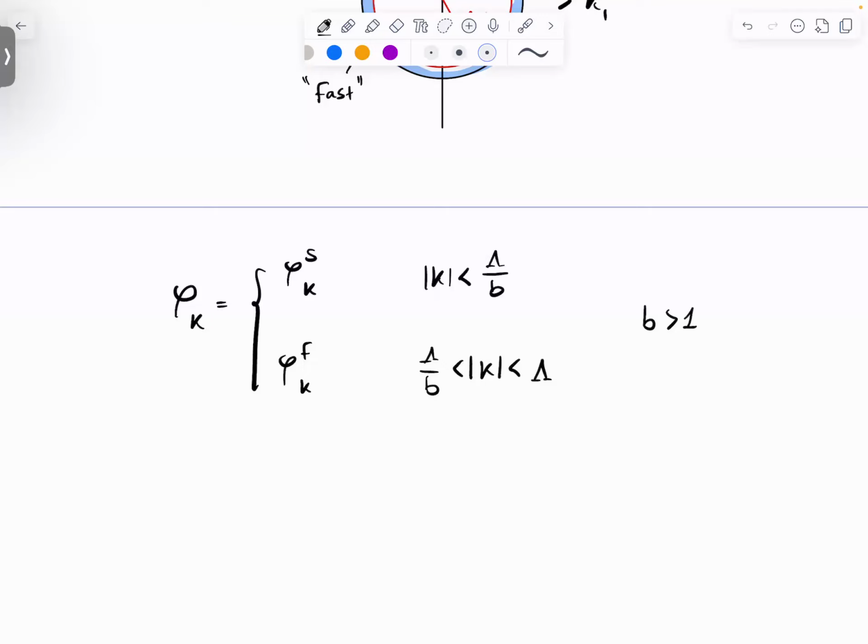So then if I look at a Gaussian theory, let's do the RG of the Gaussian theory. It's kind of trivial.